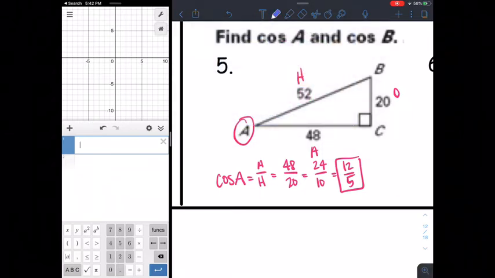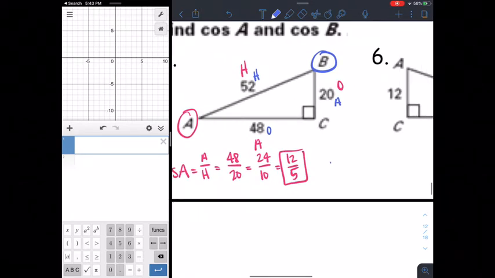And then if we do the same thing, I want the cosine of B. My hypotenuse stays. 48 is now my opposite, and 20 is my adjacent. So cosine of B will still be adjacent over hypotenuse, and my adjacent is the 20, and my hypotenuse is 52. I just realized I did tangent over here, so ignore that.